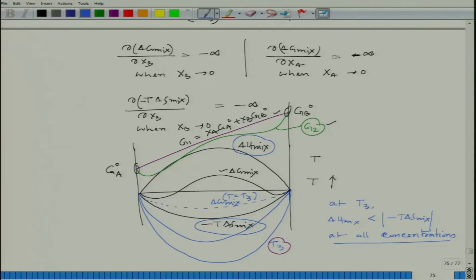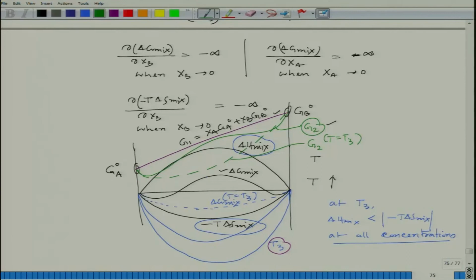So, everything would go down, this entire line would go down and it would come to this place. So, my new G2 line would be simply this. This would be my G2 at T equal to T3.